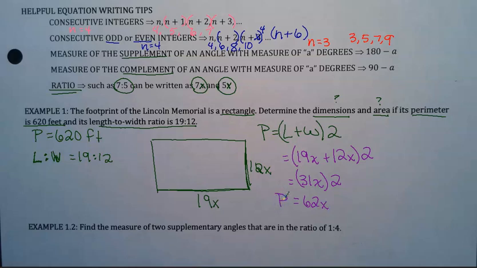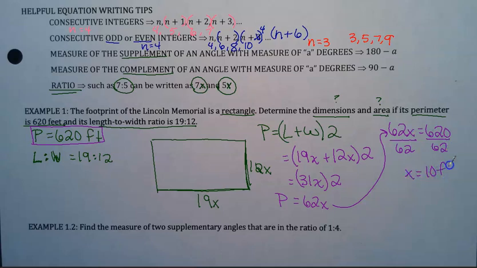My perimeter is 62x. But I also know that my perimeter equals 620 feet. So I need to put those ideas together. 62x is my perimeter, but so is 620 feet. So I can solve for x. Divide by 62, and x equals 10.